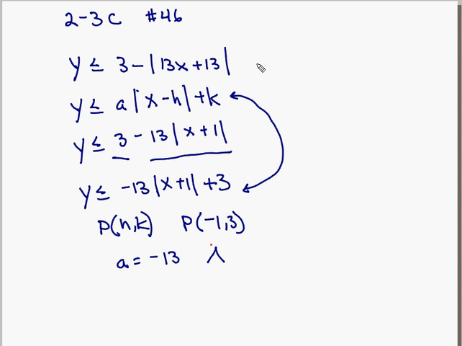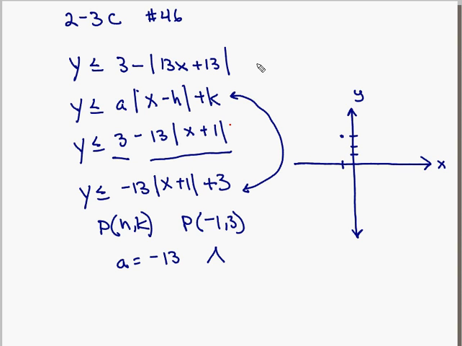Alright, so let's go ahead and draw this graph, at least the beginnings of it. So there's my x, y coordinate plane graph. Alright, I'm going to locate the point of reflection, which is negative 1 comma 3, and I know that my V is going down.